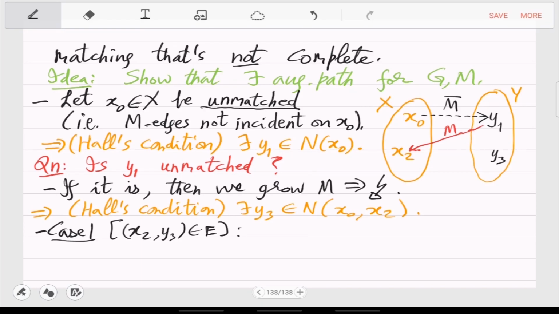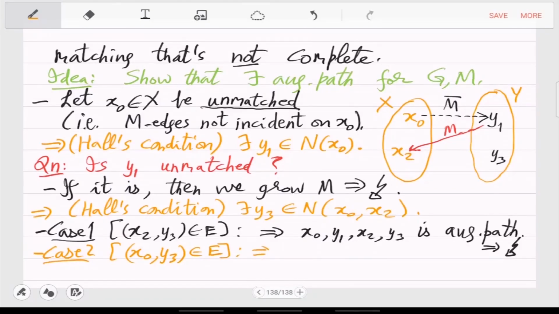So the case is x2, y3 is an edge. That's case 1. So this is an augmenting path then, right? Because x2, y3 edge can only be an M complement edge. So this means that x0, y1, x2, y3 is an augmenting path. So which is again a contradiction.